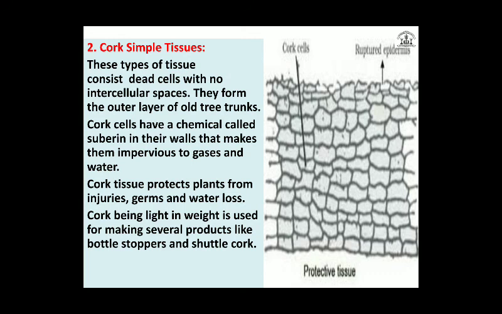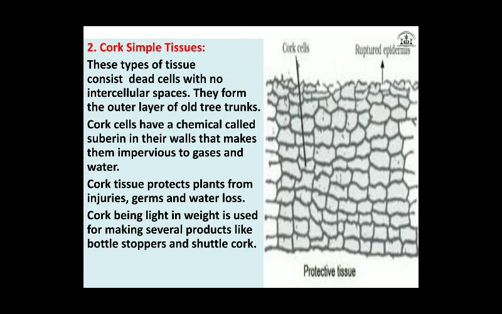That is why these two, that is epidermis and cork simple tissues, are called protective tissues. They protect the plant or tree from what? From the injuries, germs and water loss.